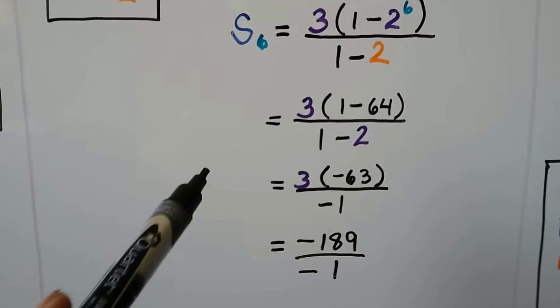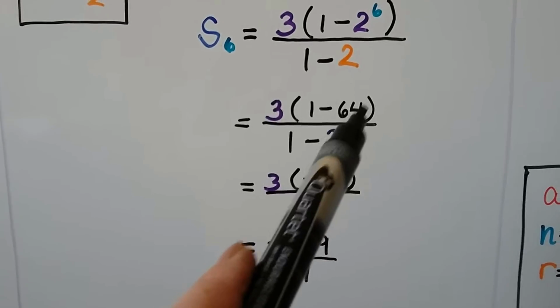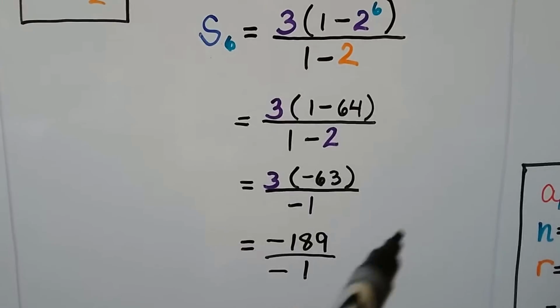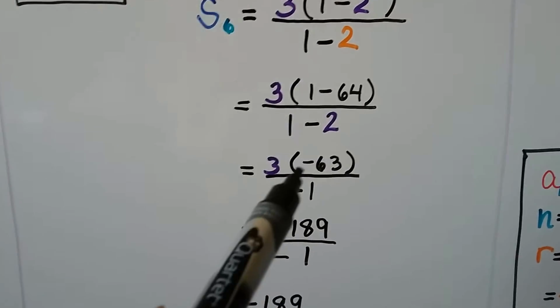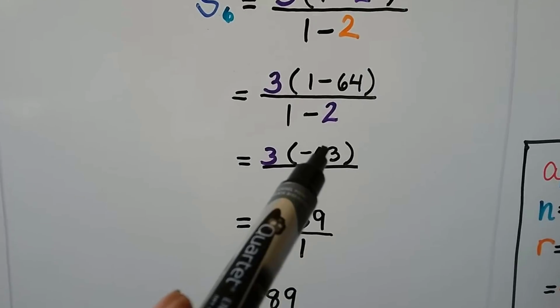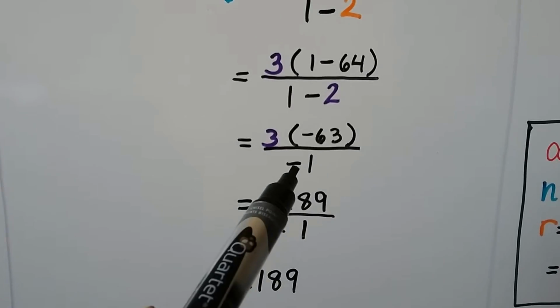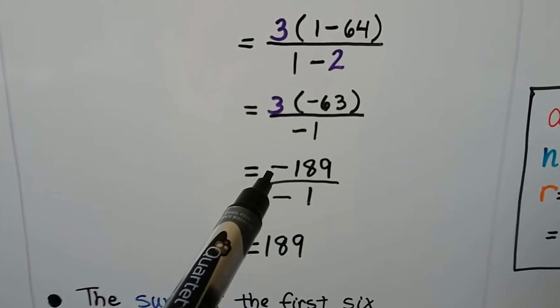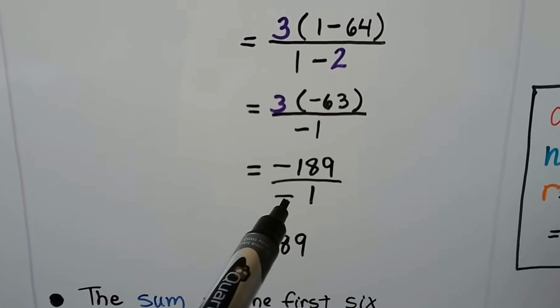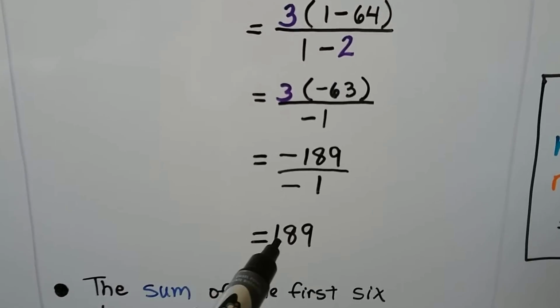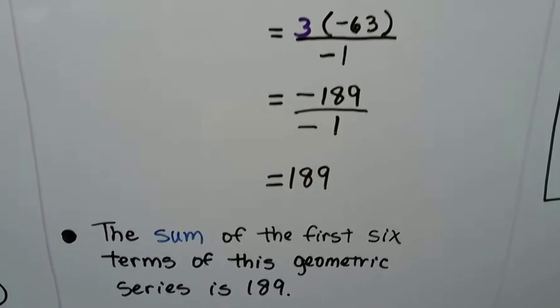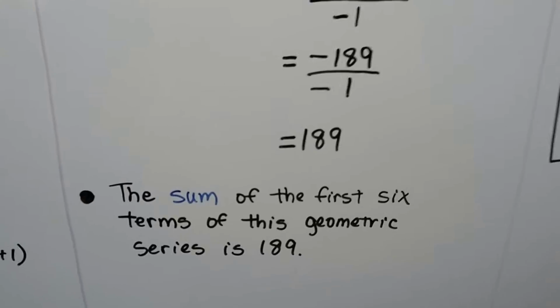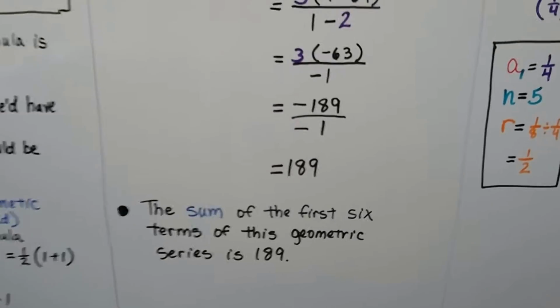That is going to simplify to a 64, the 2 to the 6th power. That means we have 1 minus 64, which is a negative 63, isn't it? 1 minus 2 is a negative 1. When we do 3 times the negative 63, we get negative 189. And we have a negative 1. When we do the division, we get a positive 189. So the sum of the first 6 terms of this geometric series is 189.